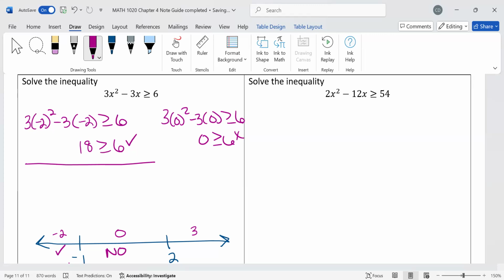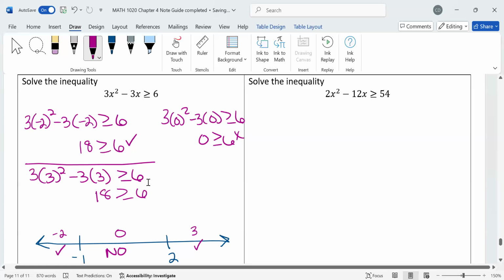So let's test the 3. So 27. All right, so that also gives us 18, which is true.